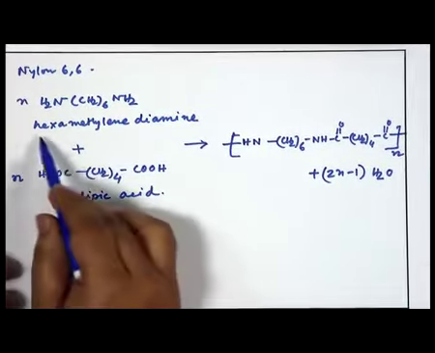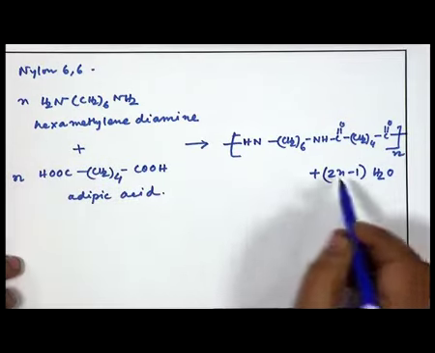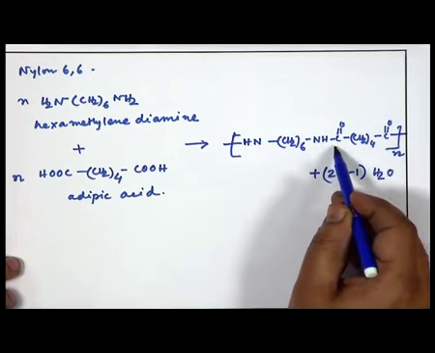So, we start with the hexamethylene diamine and adipic acid and produce this polyamide. There is an amide linkage in between in the polymer backbone.